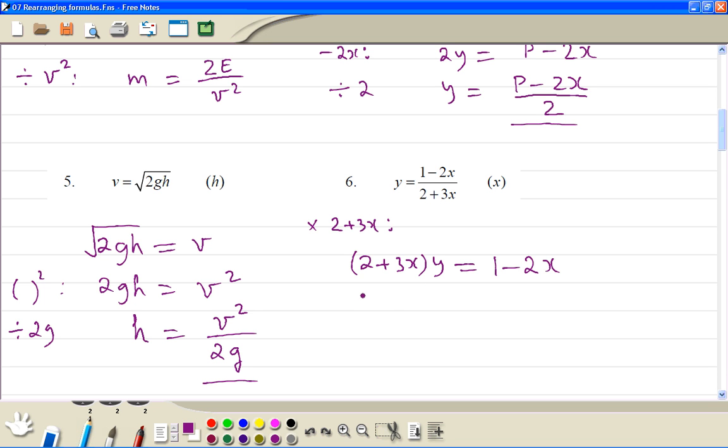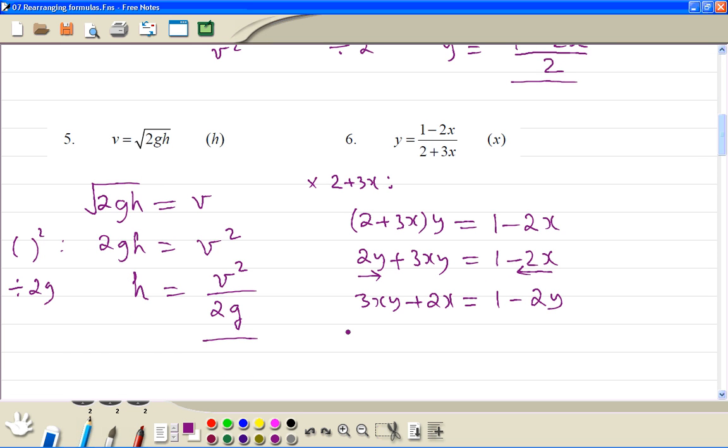So we remove the bracket, we get 2y plus 3xy equal to 1 minus 2x. Now we bring minus 2x to the left hand side and take this term to the other side. So we have 3xy plus 2x is equal to 1 minus 2y.